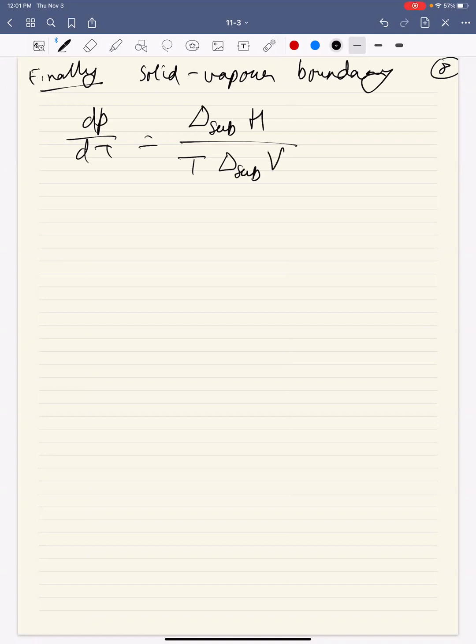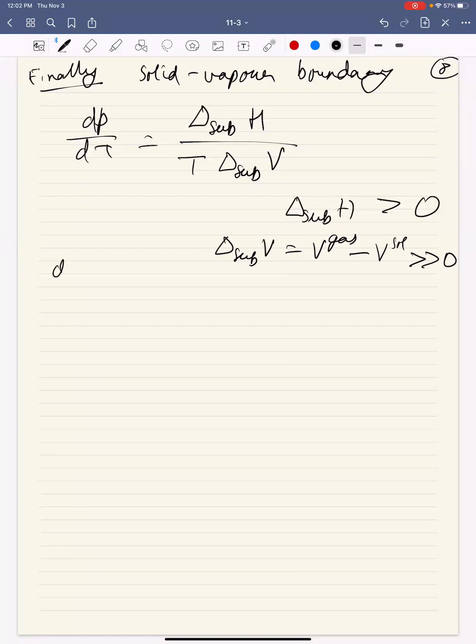And once again, it takes heat to sublimate something. This is positive. And delta sublimation volume, which is V gas or V vapor minus V solid, this is also a very positive number. It's a very large number, right? So once again, the slope dP by dT will be positive and almost flat.